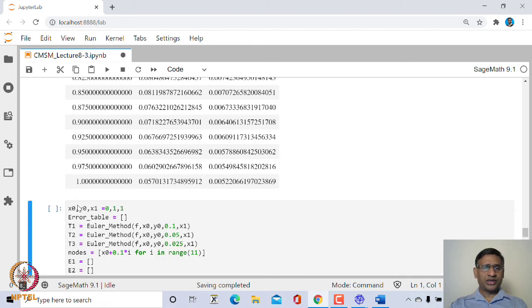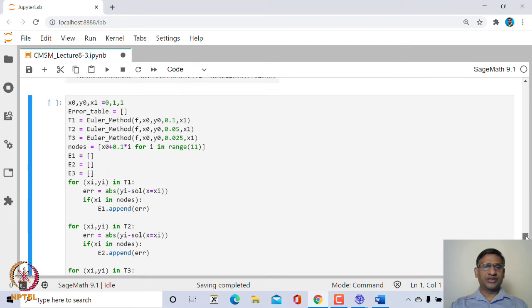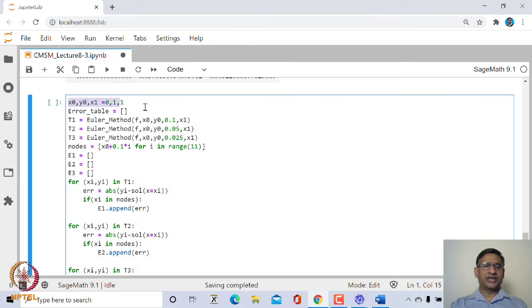So you can even compare all the errors together using this very simple Sage code. So we are defining x naught, y naught and x1, the error table I am just calling, so that we will print the value of xi and the error for taking step size 0.1, 0.05 and 0.025, right.